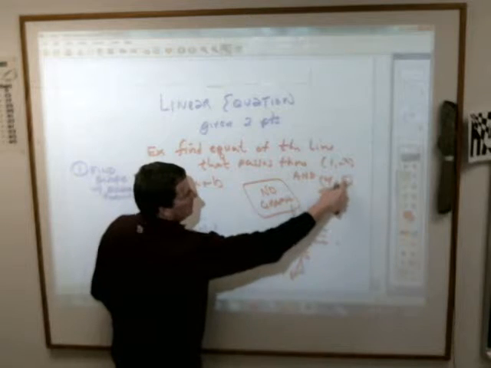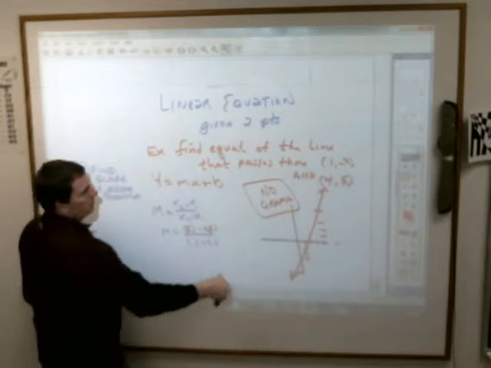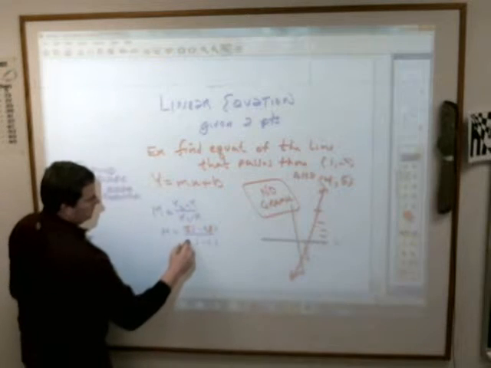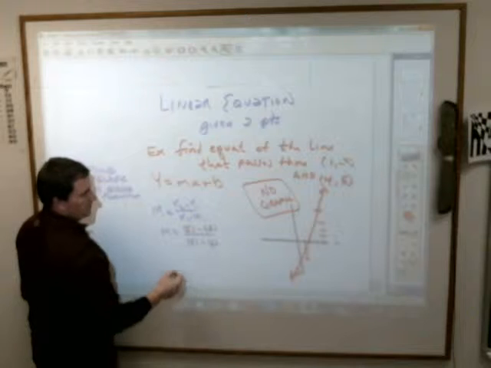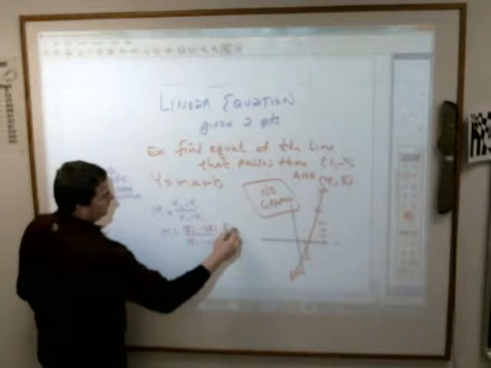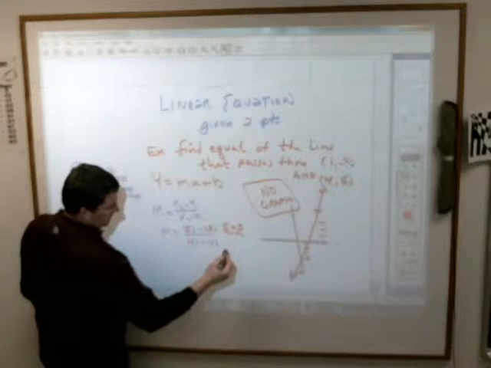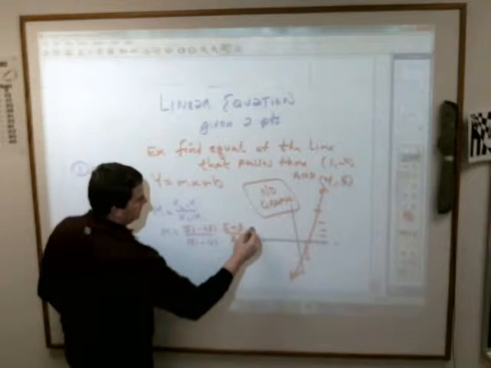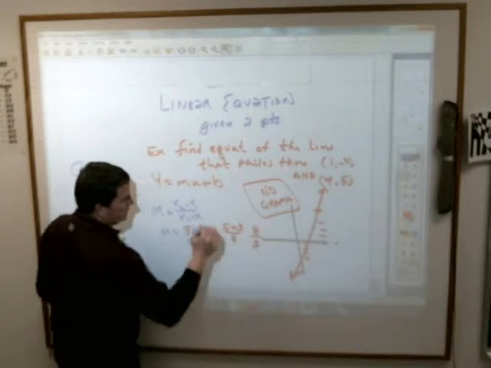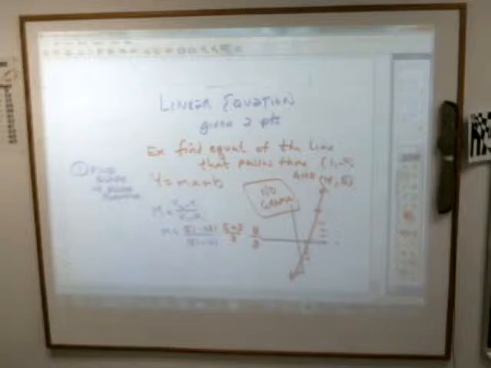There's y2 minus y1, which is a -3, over x2, which is 4, minus x1, which is 1. So I actually end up with 5 plus 3 over 3. Is that right? That means my slope, ladies and gentlemen, is 8 over 3, right?